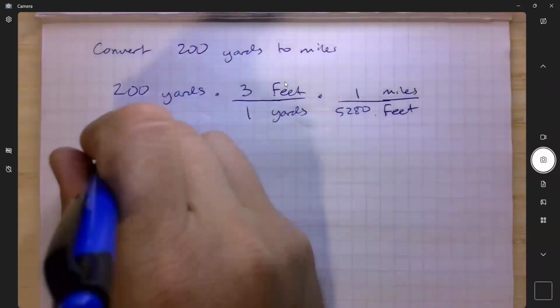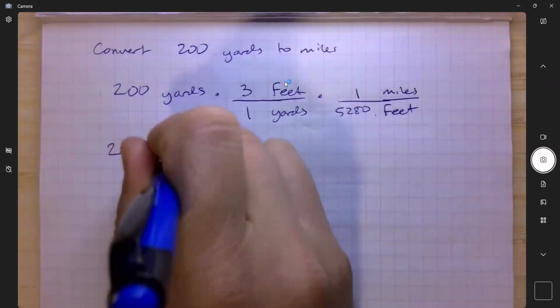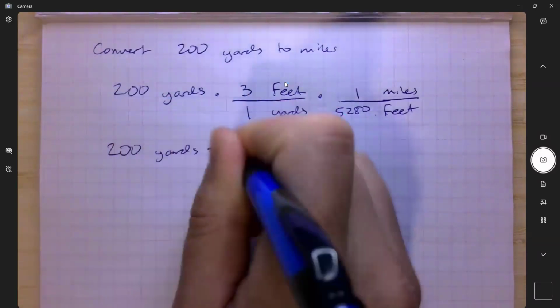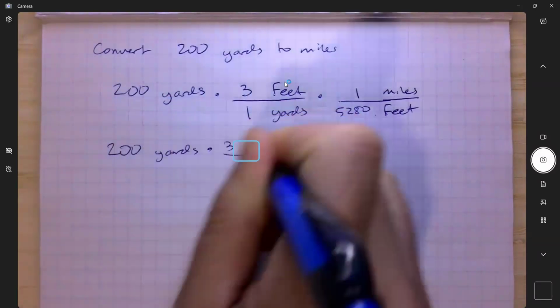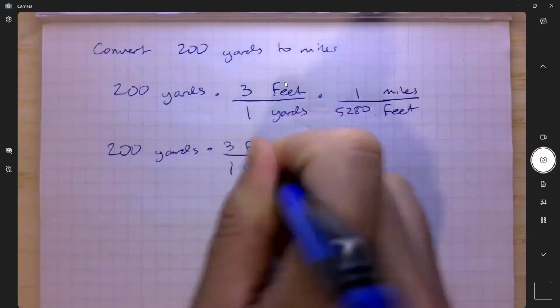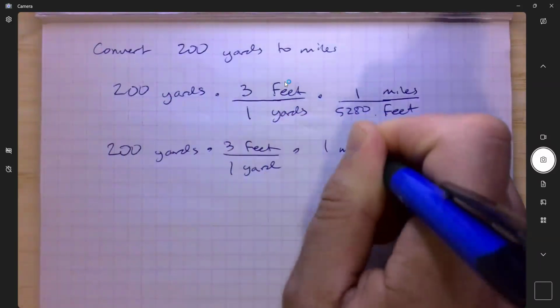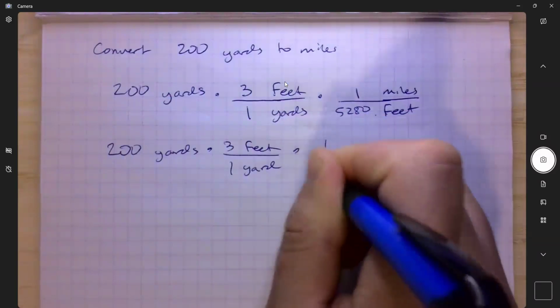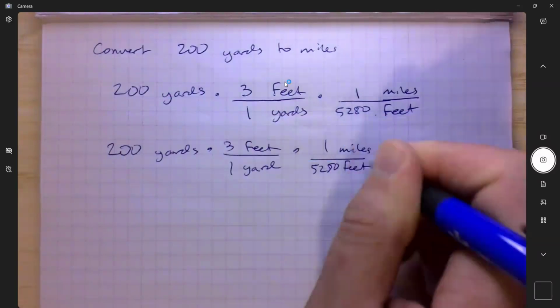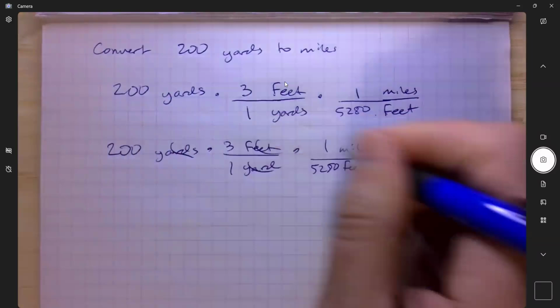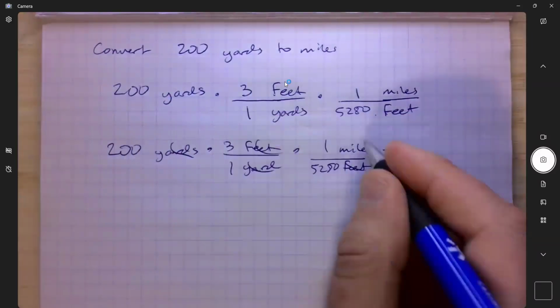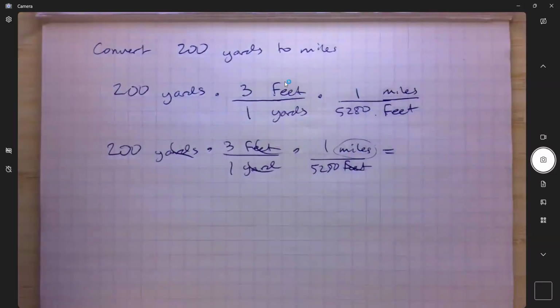And now I can just do my multiplication and my cancellations. I'm rewriting this so I can do those cancellations. The yards cancel and the feet cancel, leaving me with just miles as my unit.